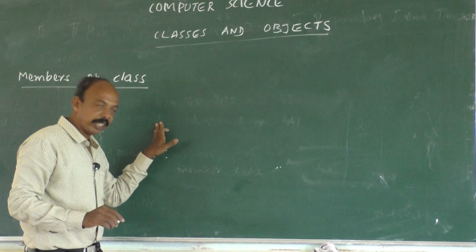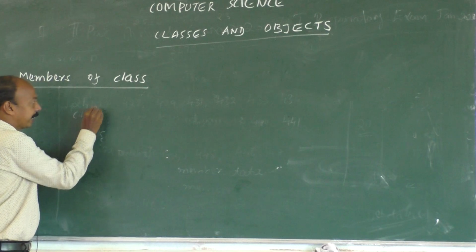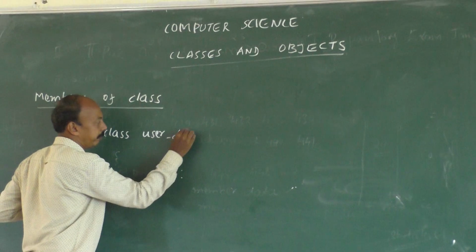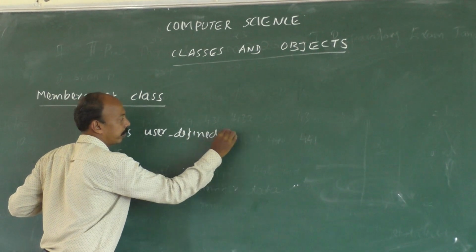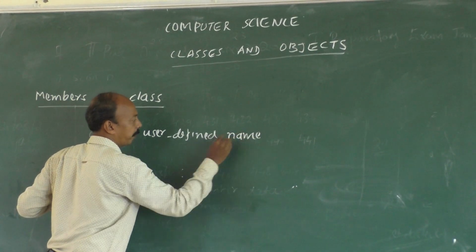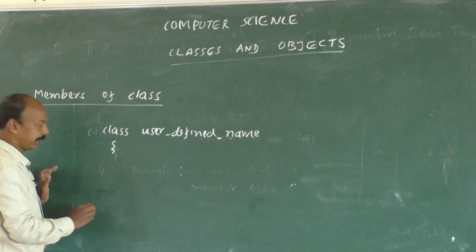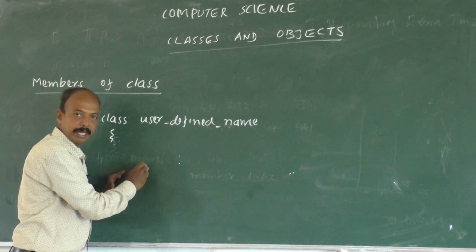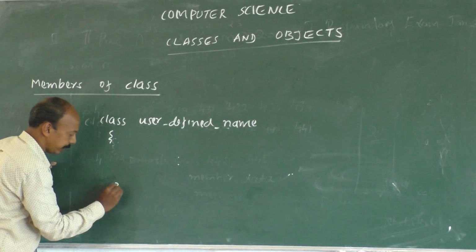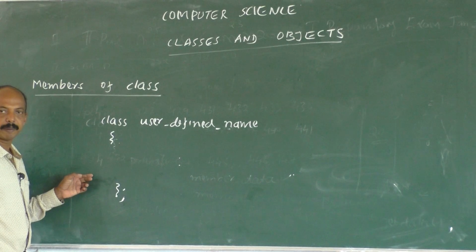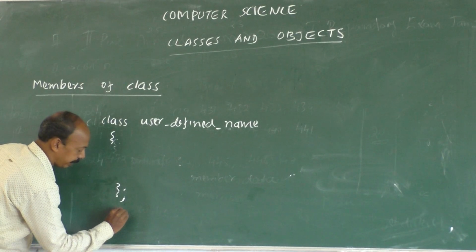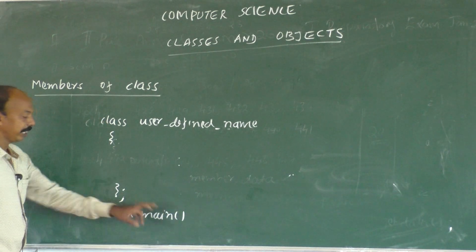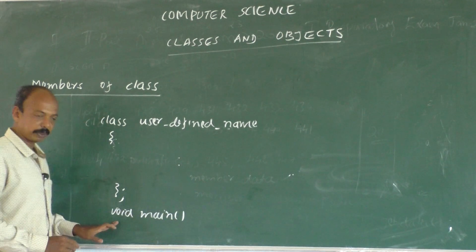The same user defined name, once again I will write class user defined name, open the bracket. We will write the access specifiers here, private, public and protected. Then we will close it, semicolon we will write. Then inside the void main, it's not mandatory to define the object here, but in our programs we will do it here.